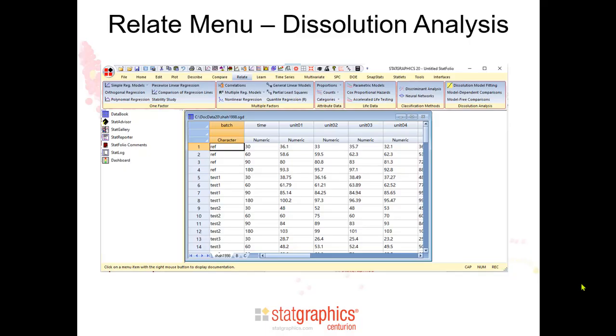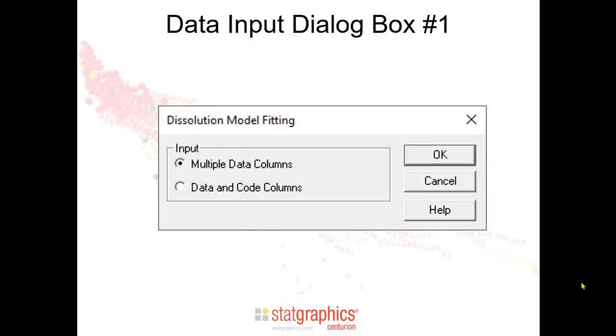To run the comparisons in Statgraphics version 20, you select Relate from the top menu, and near the far right in the Dissolution Analysis section, select Model Dependent Comparisons. The first dialog box you'll see asks how your data is formatted.